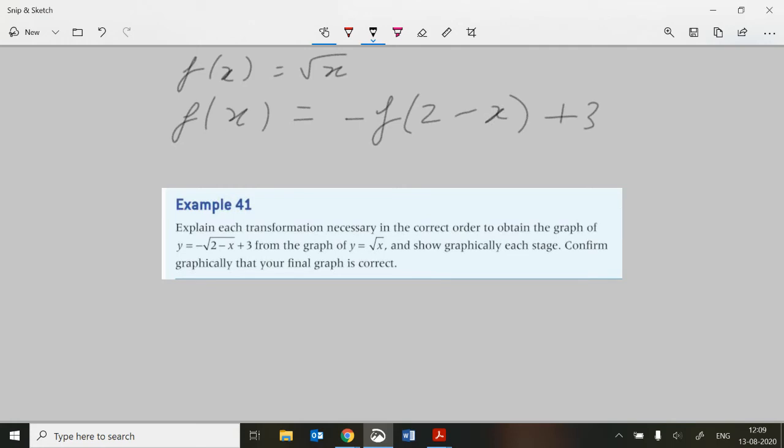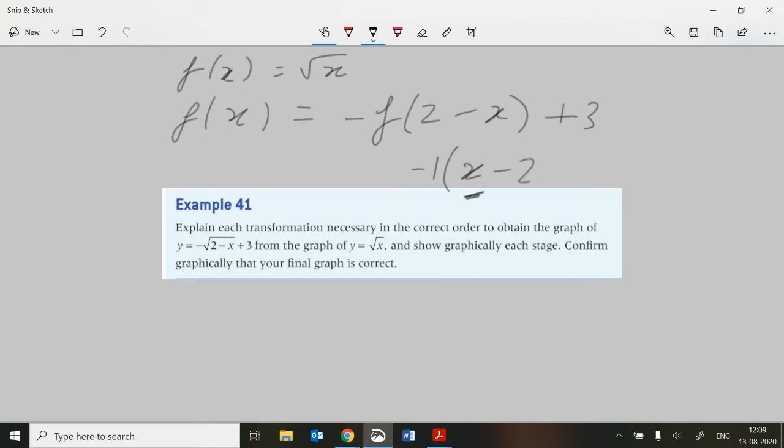Well, that's not in the form that we like. We like the form of a of x minus b on the inside. So we really want to take out a factor of minus 1, and we'll get x minus 2.